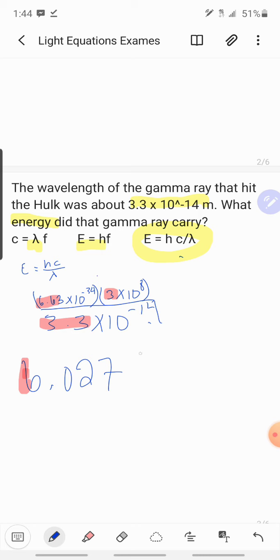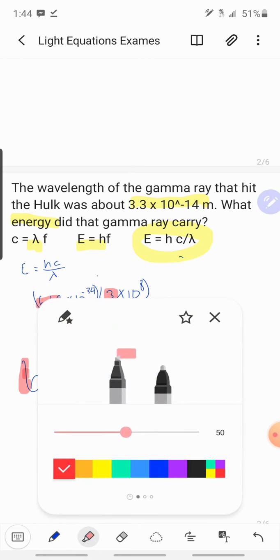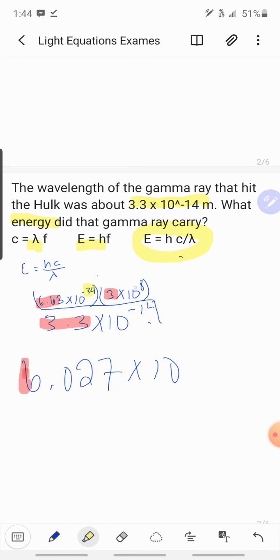So now let's deal with the exponents. So we'll have times 10 to the something. We don't know yet. So our exponents are right here. So these two are multiplying, so we're going to add them. So we'll do minus 34 plus 8.